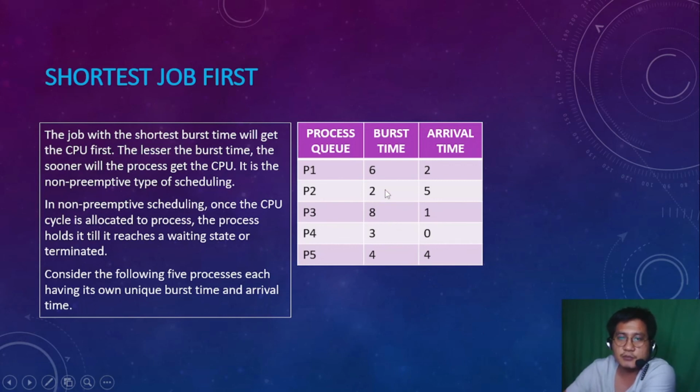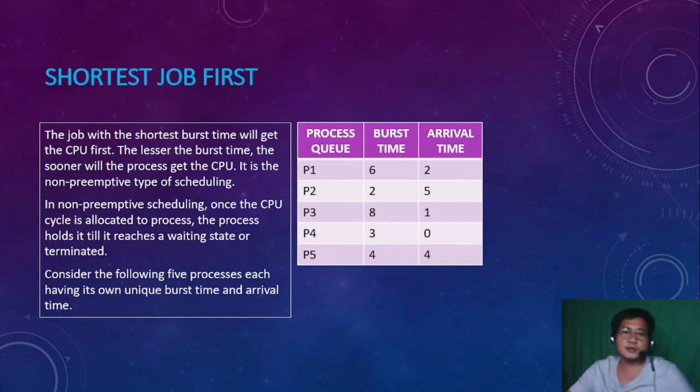Then process 4, process 5, and then we have process 1 and process 3 last, since process 3 has the longer burst time of 8.